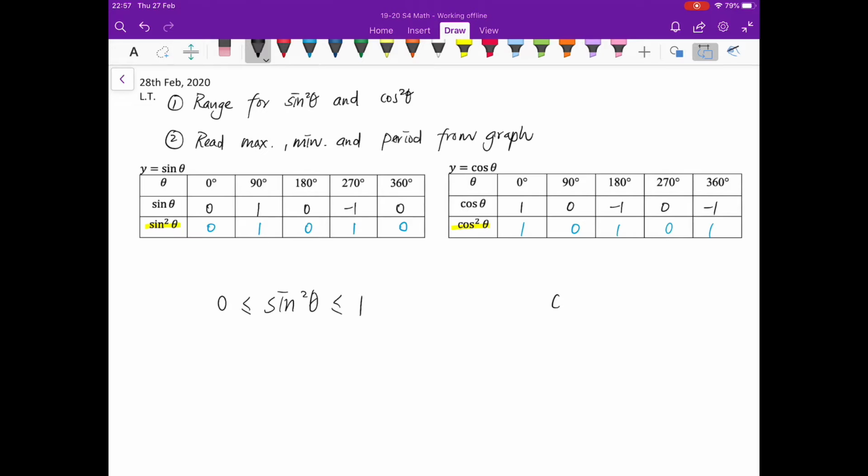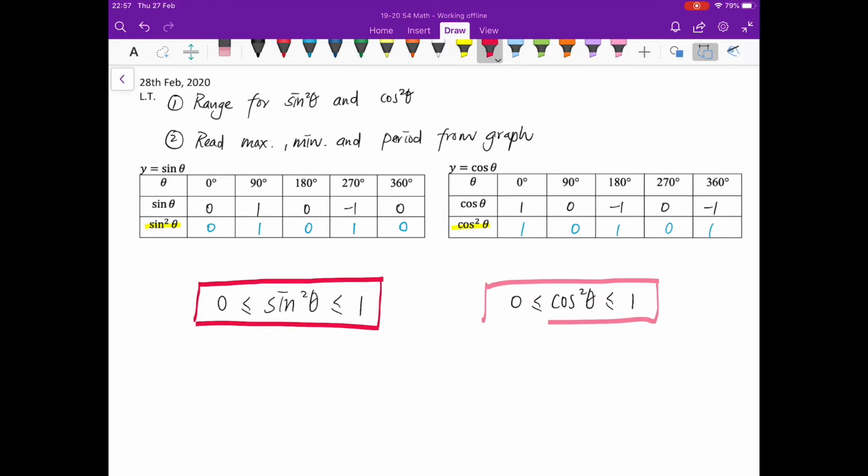Then, how about cosine square theta? Yes, the result is the same. That is, maximum is 1, while the minimum is 0 again. So, this is the range for sine square theta and cosine square theta.